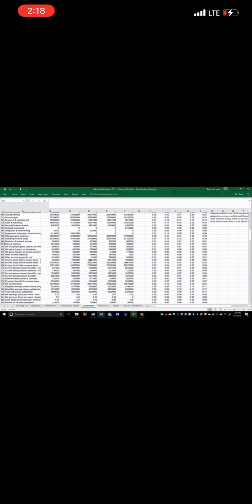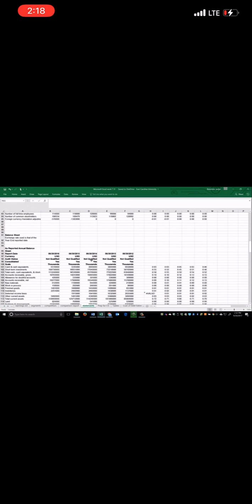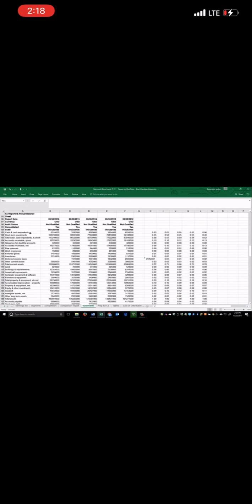Okay, so I go to my statements. I look for my balance sheet, and here I have cash and cash equivalents and short-term investments. So those are the 2 things I've added together. Of course, Microsoft, being really very helpful and transparent when it comes to its statements and 10-K, has already added it for me. So I can either use number 103 in this case, or cells 101 and 102.